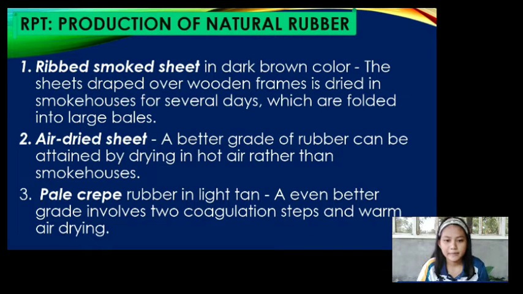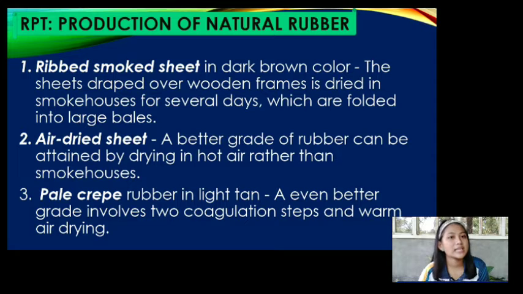Next is the RPT production of natural rubber. So there are three processes of producing natural rubber. The first is the ribbed smoked sheet, which is dark brown in color. The sheet is draped over wooden frames and dried in smokehouses for several days, and after that it is folded into large bales.